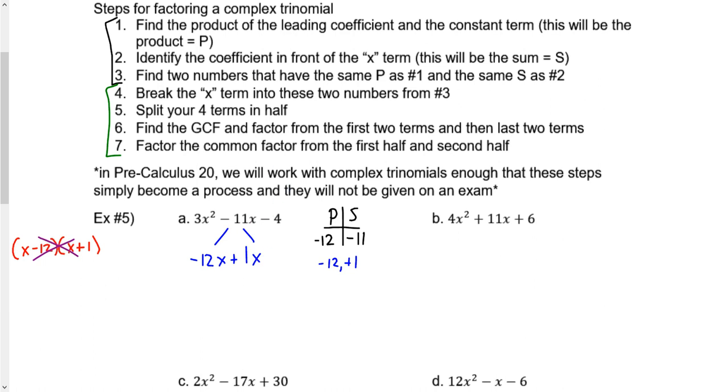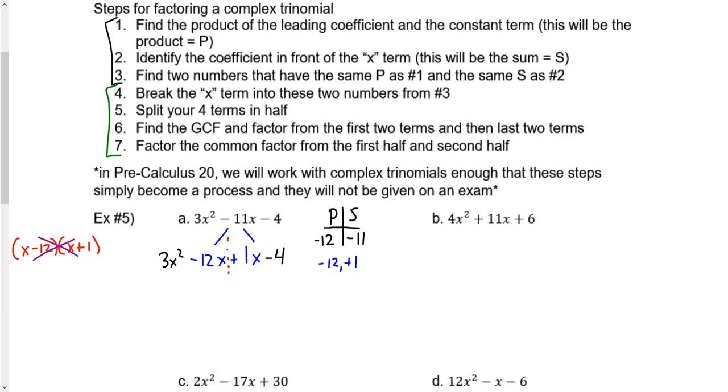I'm just going to rewrite my 3x squared and my negative 4. Just so you know, it does not matter which one we put first. But our next step is we're going to split these 4 terms in half, right after that x. It's going to make your life a little bit easier.